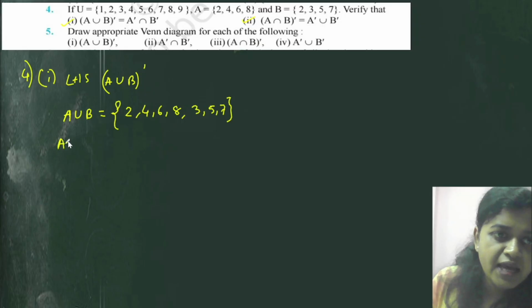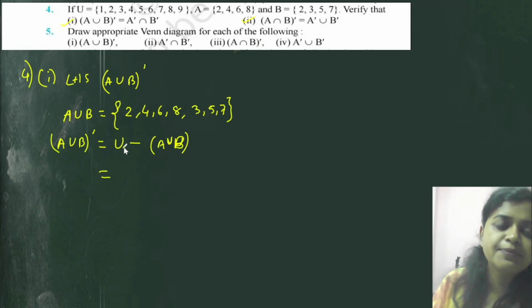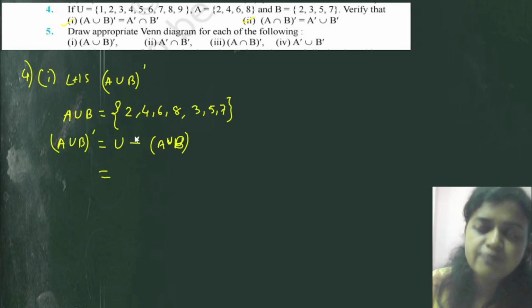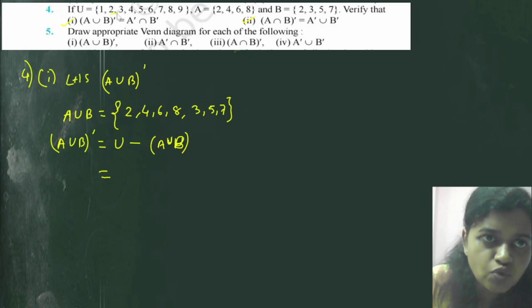Now (A union B) complement. This means you have to subtract A union B from the universal set U. Sorry, this is A union B. So we subtract all the elements of A union B from the universal set. 2 should be removed, then 4, 6, 8 and 3, 5, 7.